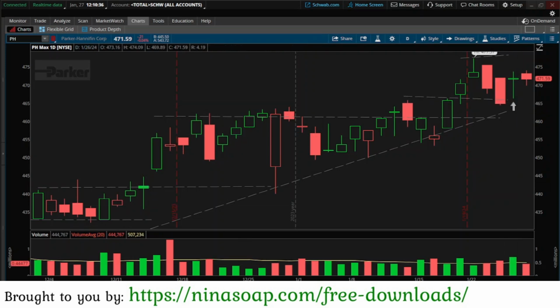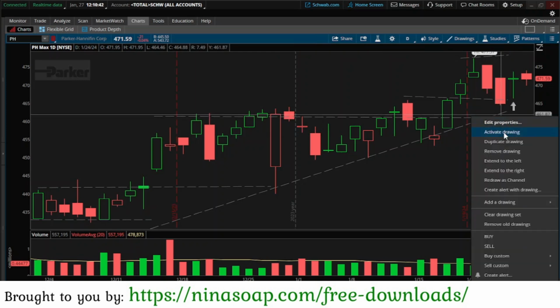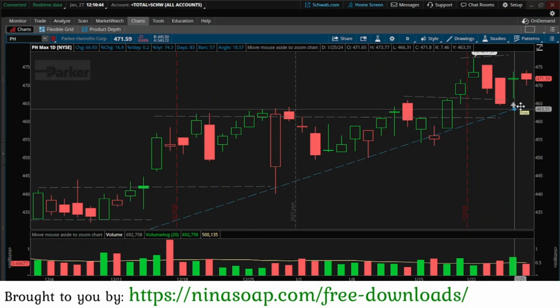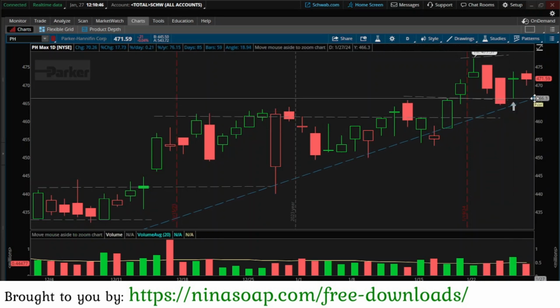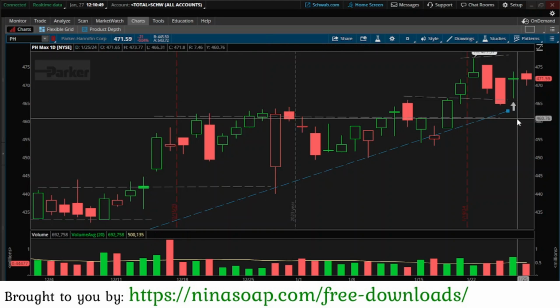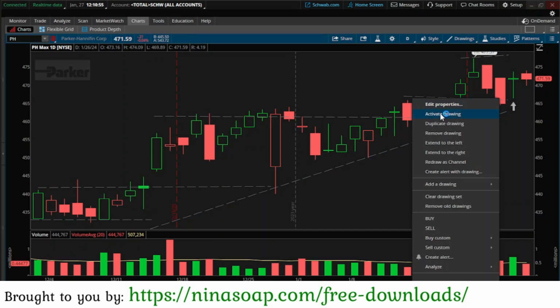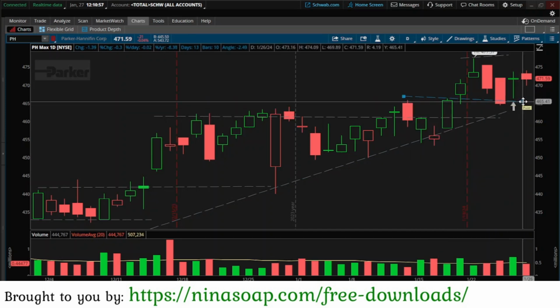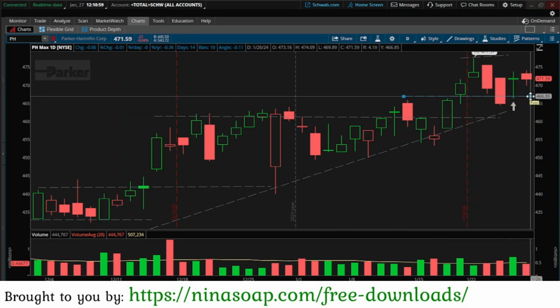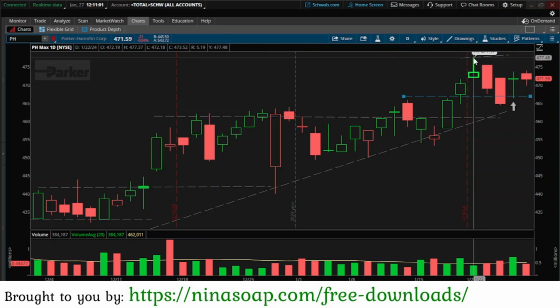Okay, so we bought it, and what? It started going down. Okay, so this is the trend line. We do have a resistance line here, and we have a resistance line here.